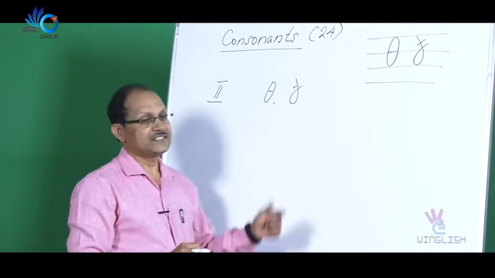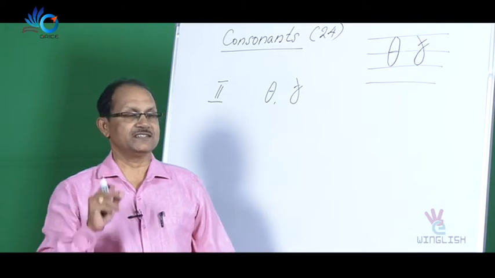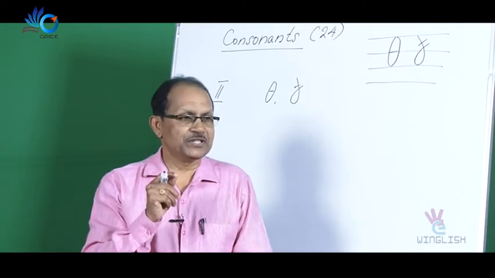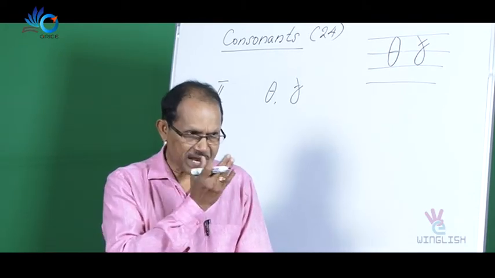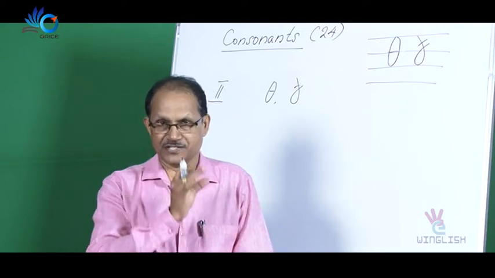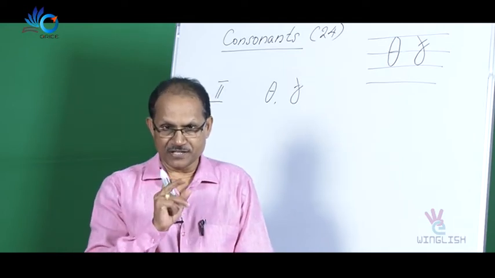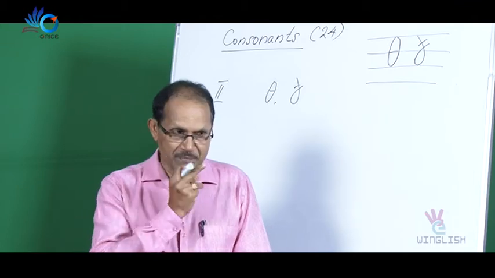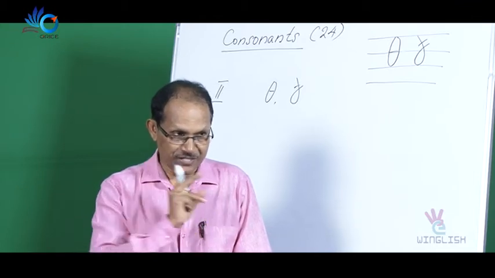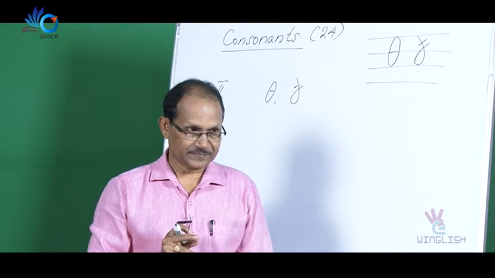So, just note down the articulators: tip of the tongue and back part of the upper front teeth. Okay.